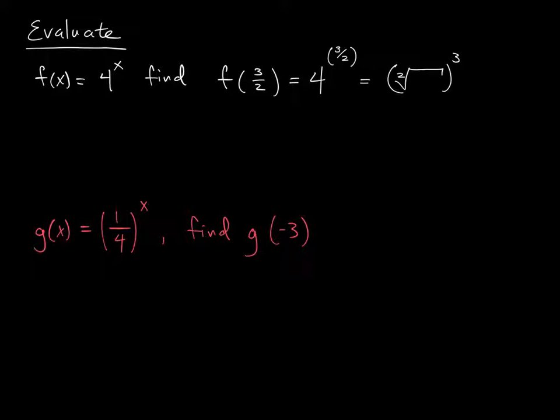And what goes inside here is the 4. So I can take the square root of 4. That's pretty easy. That's just 2. So this whole thing becomes 2 to the third power. And 2 to the third power is 8.